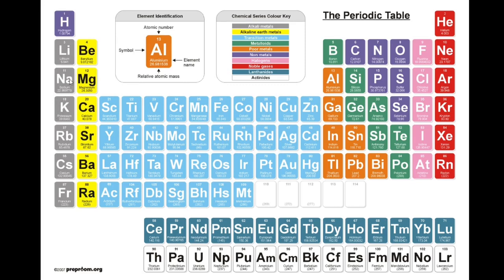Sodium and potassium we'll see quite a bit over the coming lessons. They're very important in biology. So it's a very interesting thing, the periodic table, and it's all put together in various groups and periods, hence the name. So if you're interested in chemistry, then by all means have a look at it.